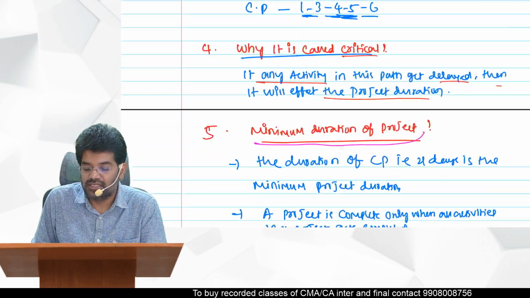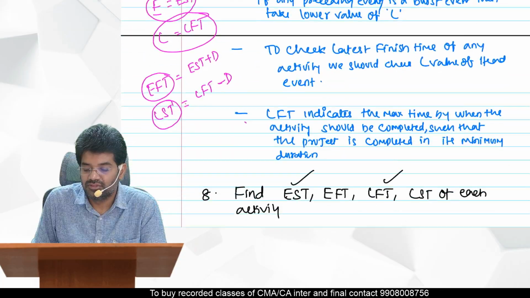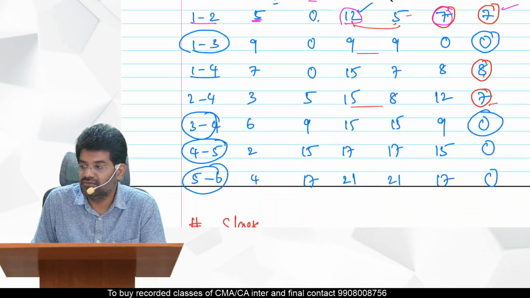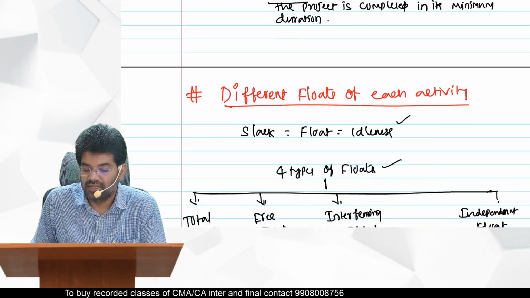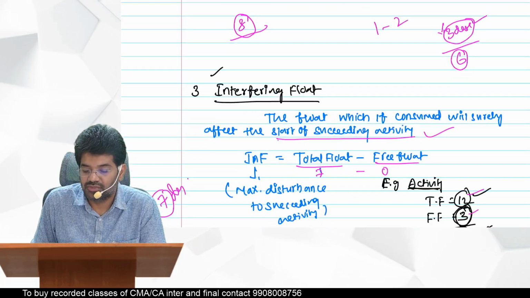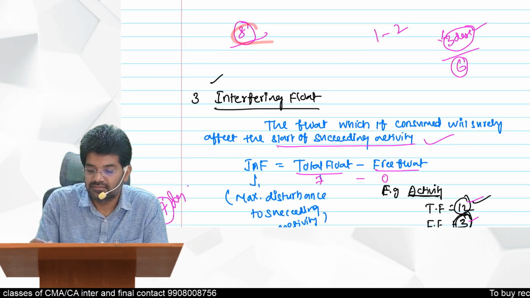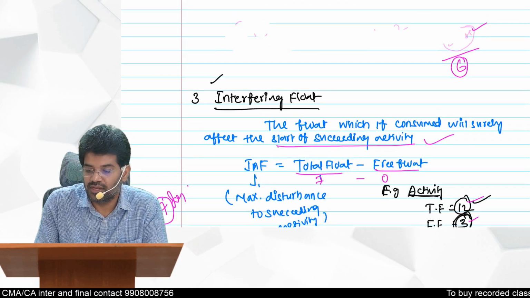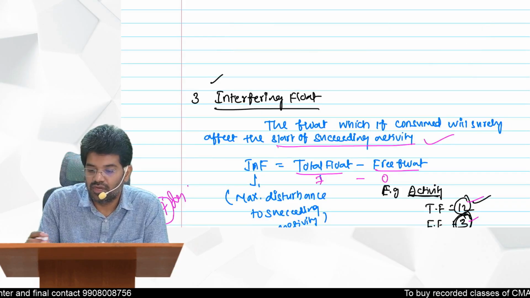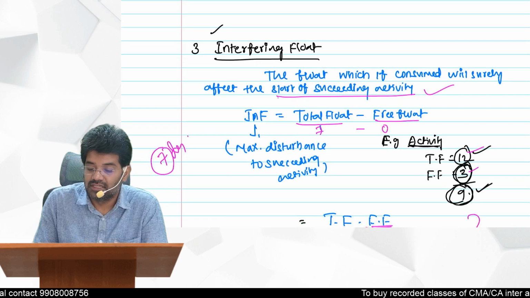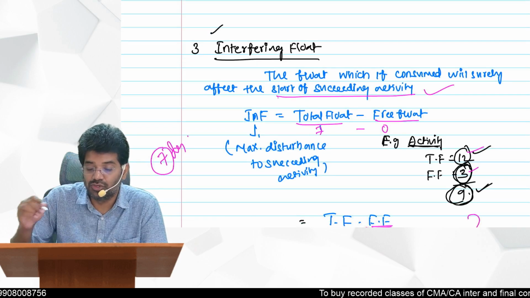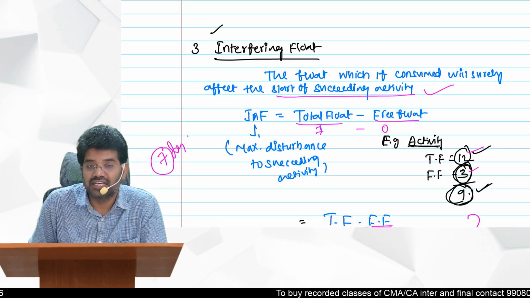Now the next one. We completed total float, and free float also. Next one, interfering float. This is also very important. Interfering float is the float which, if consumed, will surely affect the start of the succeeding activity.